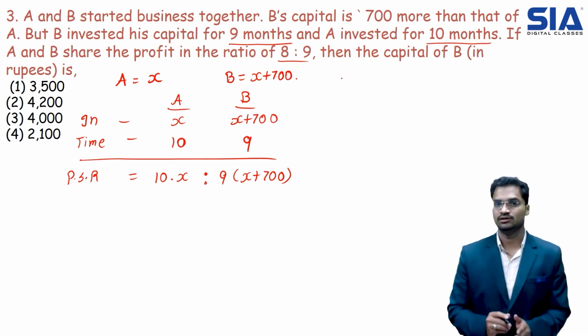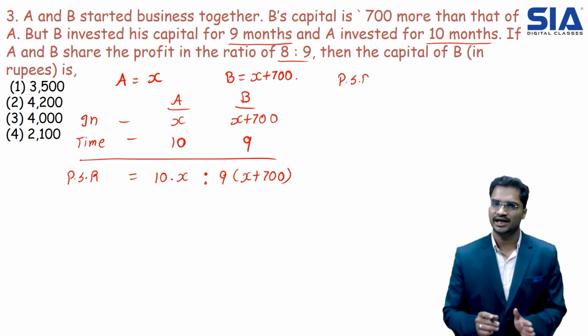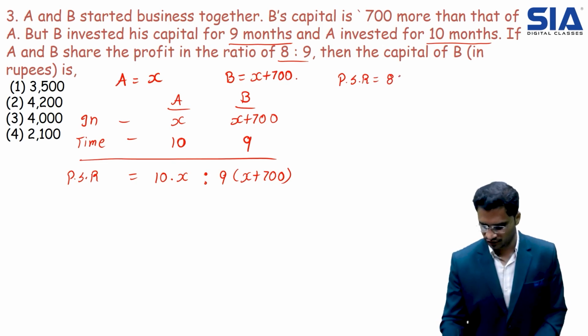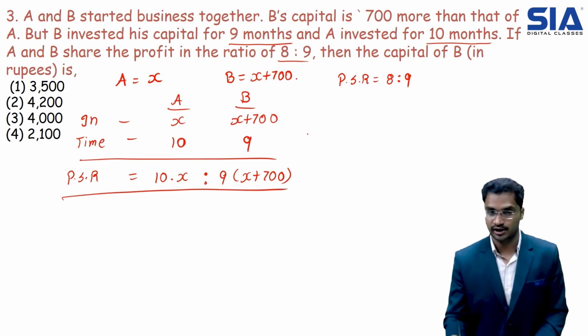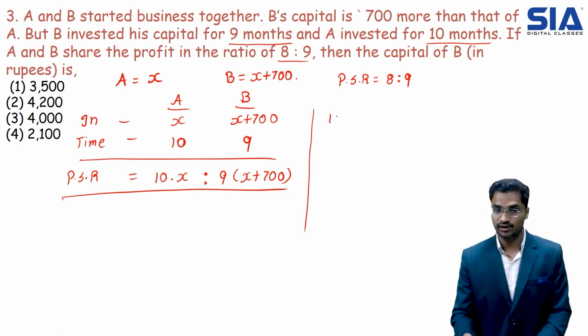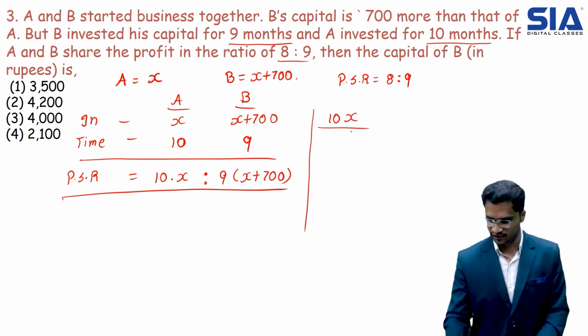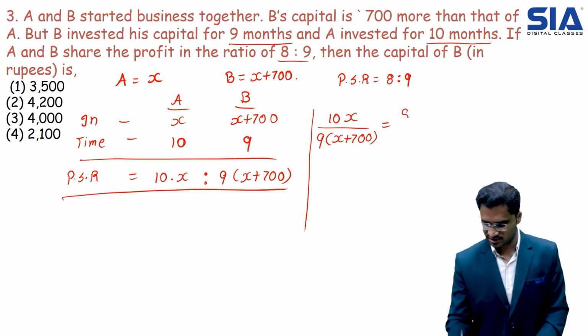But in our question, the profit sharing ratio is given as 8 ratio 9. So let us equate both of these ratios. If I equate these ratios, 10x divided by 9 into X plus 700 is equal to 8 upon 9.